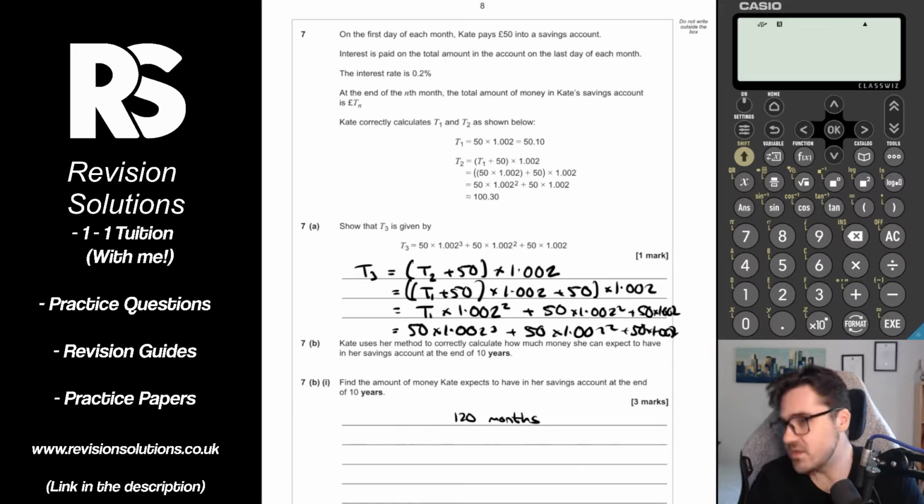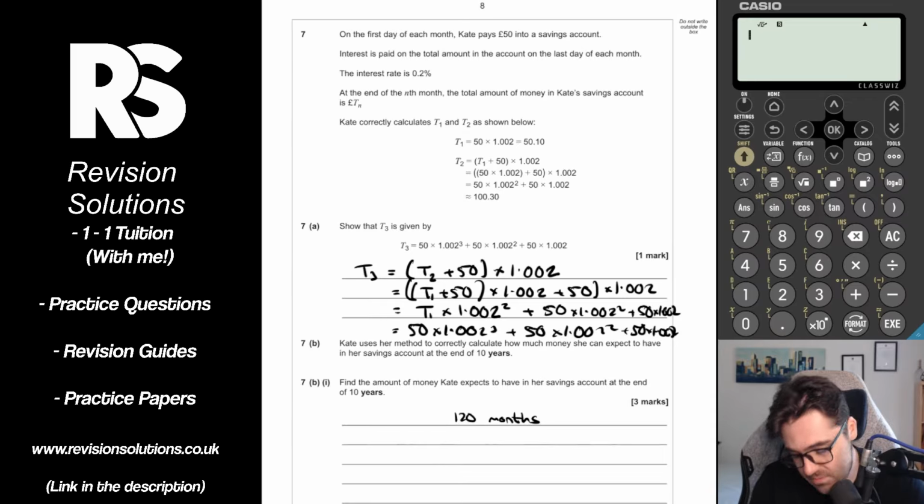using this process to go all the way to the 120th month is going to be kind of laborious. So let's actually analyze what's going on here, see if we can generalize this. If we look at this, we can see we've actually got a geometric sequence going on. We've got 50 times 1.002, 50 times 1.002 squared, and then times 1.002 cubed.